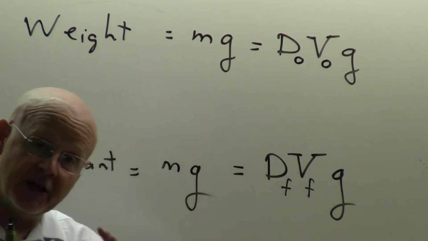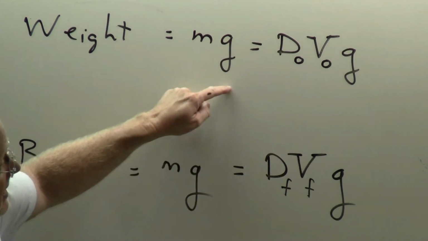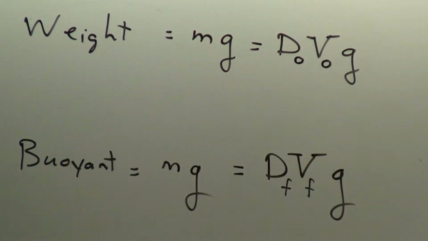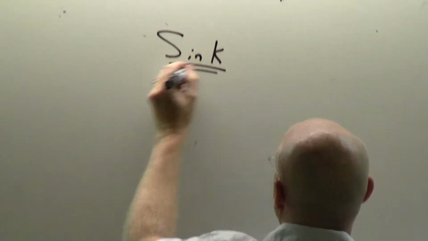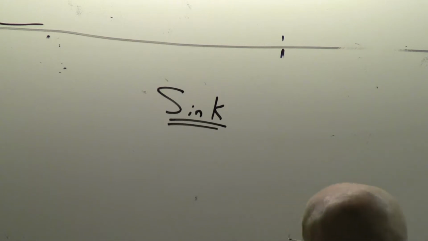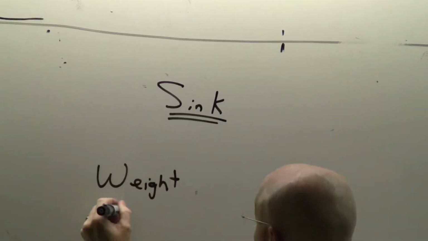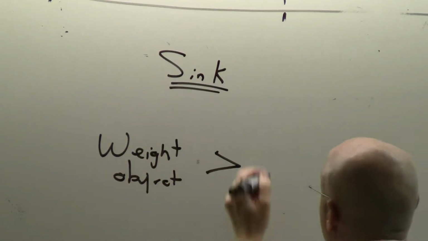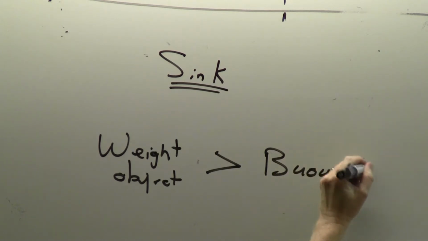And to decide if something is going to sink or float, you would want to then compare this to this. And so I would say, for something to sink, the weight of the object would need to be greater than this buoyant force.